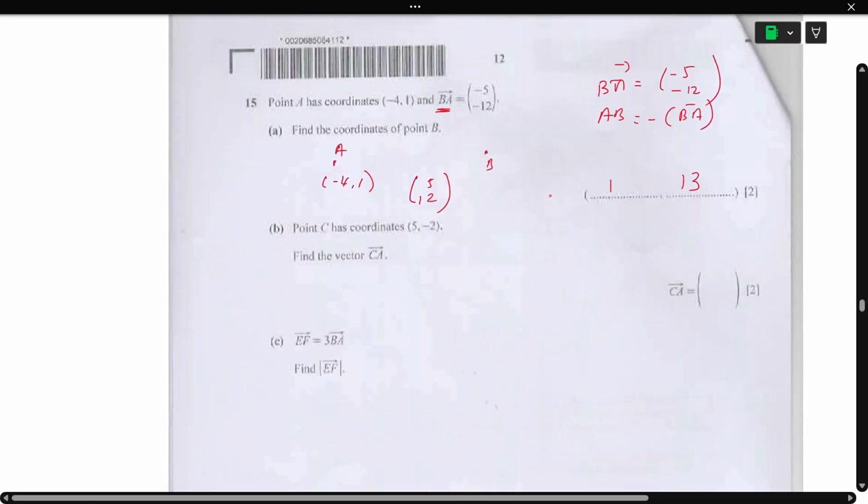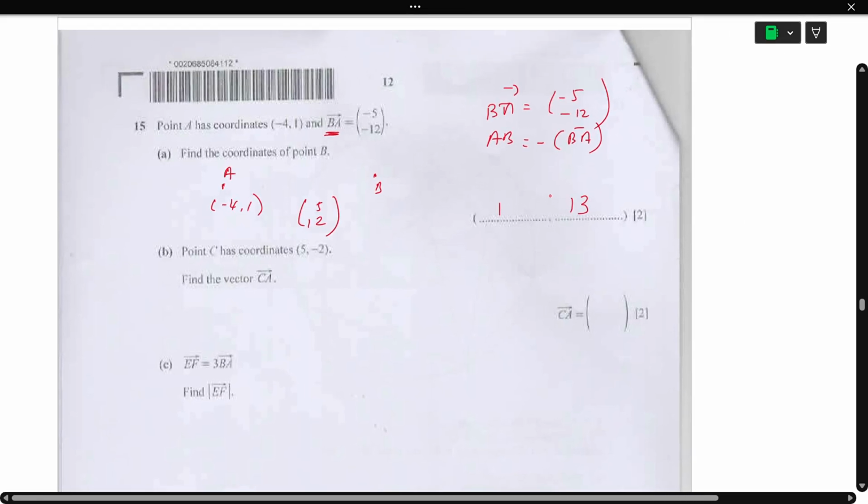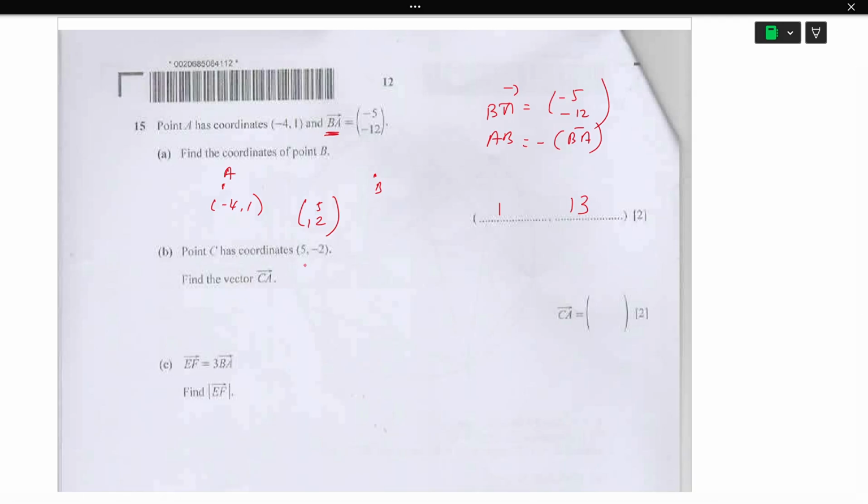Next one, point C has coordinates 5 and -2, and we need to find CA. C to A, again we need to go back, so it's -5, which is -9, and -2 minus 1 is -3... so -9 and 3.